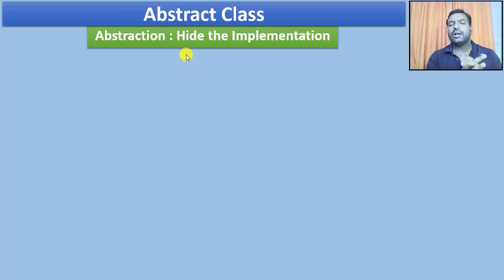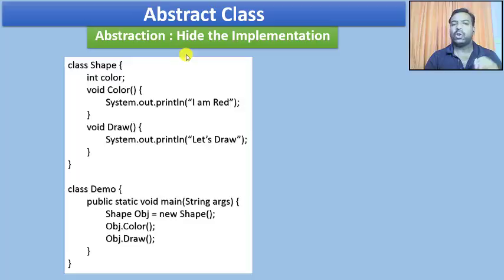Hence, we hide certain implementation details at the abstract level itself, and that is what we call abstraction. You know how to define a class, you know how to declare a class, and you are aware of how to make use of a class. Now we just have some information about abstract class. Whenever we are going to have a class, just look at this. This is an as usual class, what we have been doing all these days.